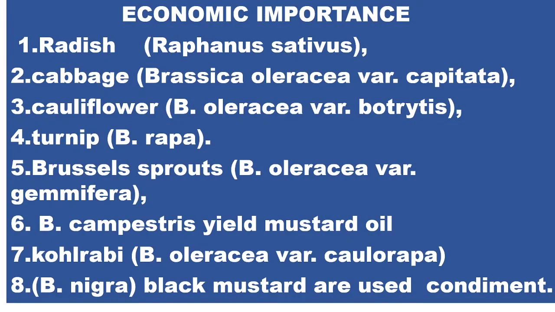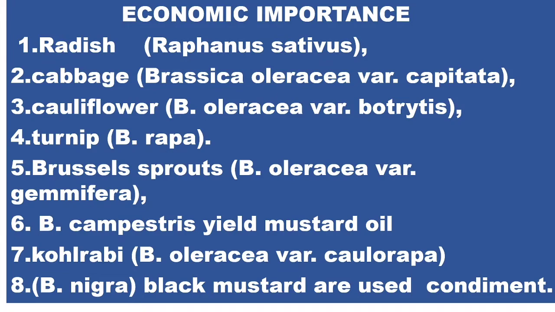Economic importance: radish, Raphanus sativus, that is mooli. Cabbage, Brassica oleracea, variety capitata. Cauliflower, Brassica oleracea, variety botrytis. Turnip, Brassica rapa. Brussels sprout, Brassica oleracea, variety gemmifera.